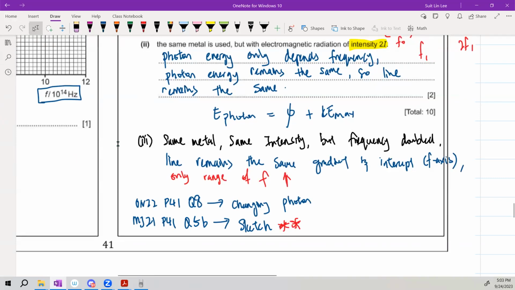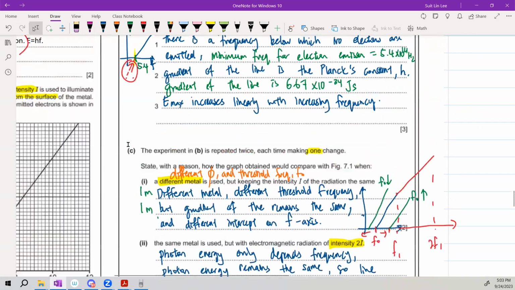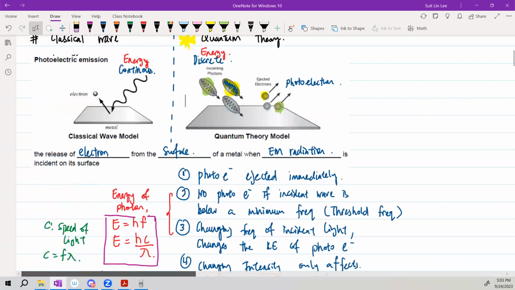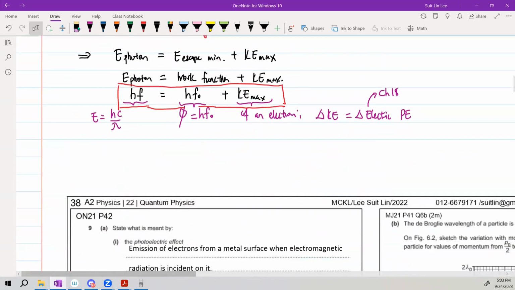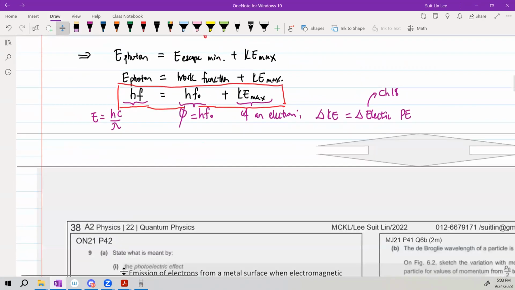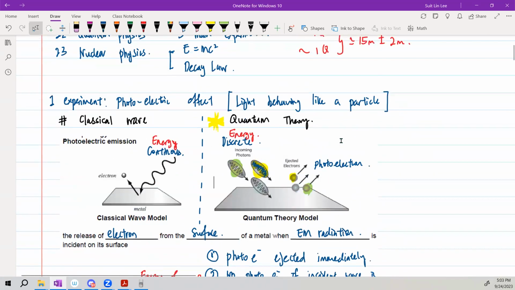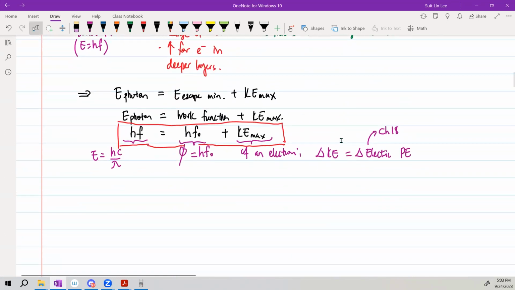All right. So the next thing we're going to look at is the second experiment, which conveniently they recently asked, so I can discuss that. The second experiment is the electron diffraction. So case number 2.